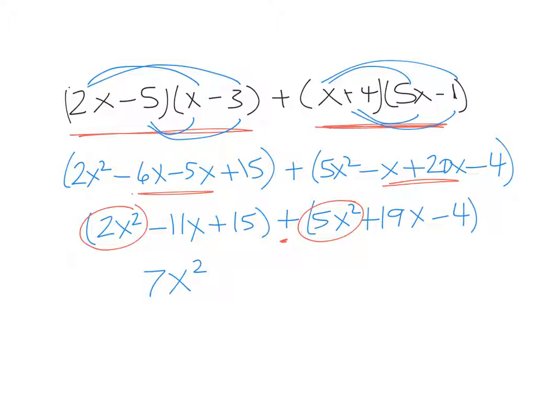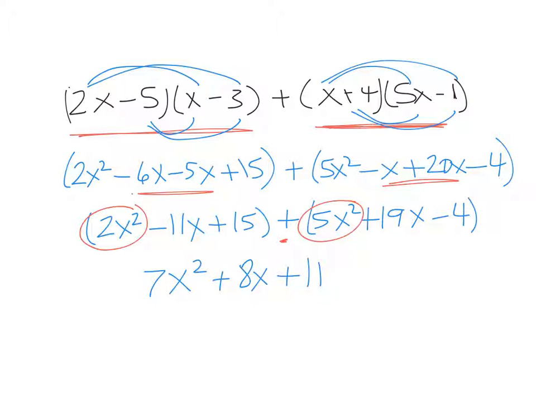So what would that make? 8. So it's plus 8x. And then I have 15 ones and negative 4 ones. So together that makes 11. Okay, and so there we go. That long top expression simplifies down to 7x squared plus 8x plus 11. That's it.